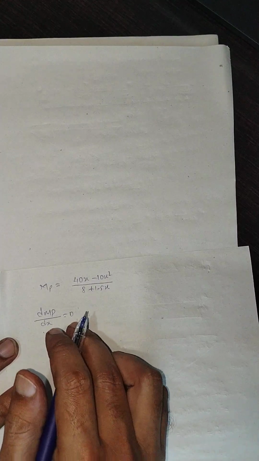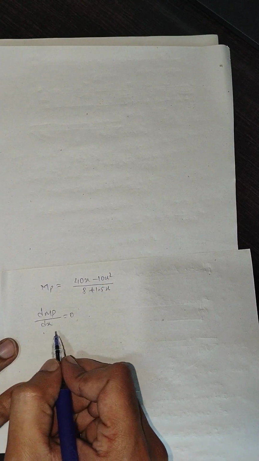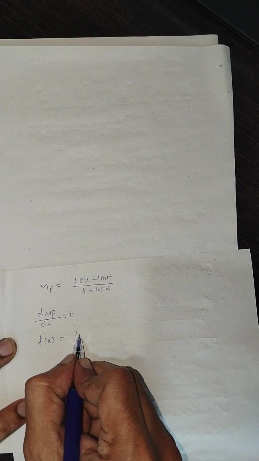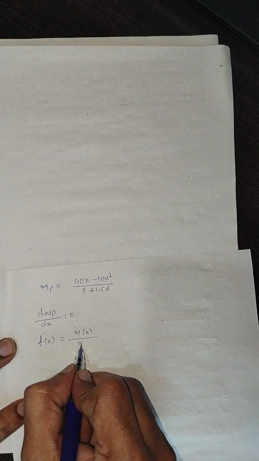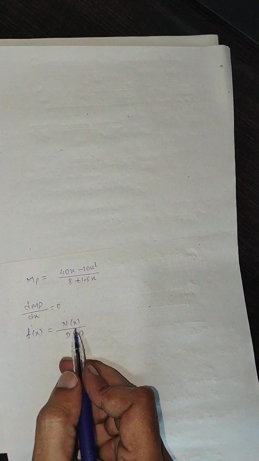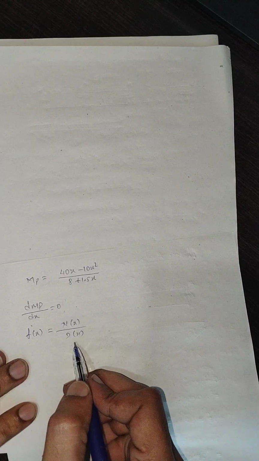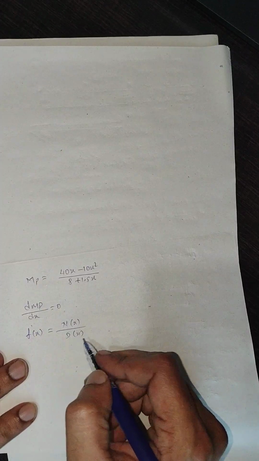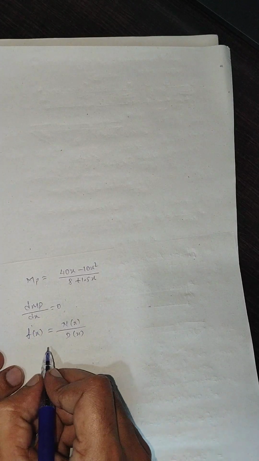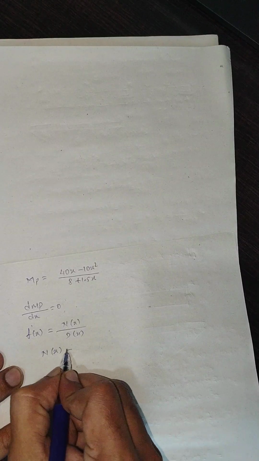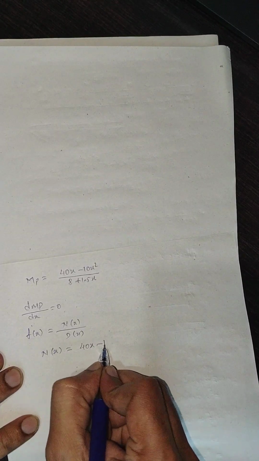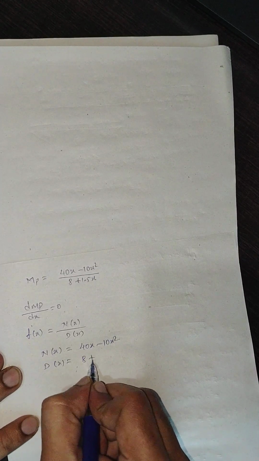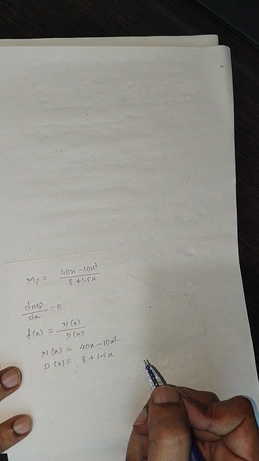To get the maximum and minimum values of x, we use this mathematical simplification, f of x equal to n of x by d of x. So the numerator n of x is 40x minus 10x square, and the denominator d of x is 8 plus 1.5x.